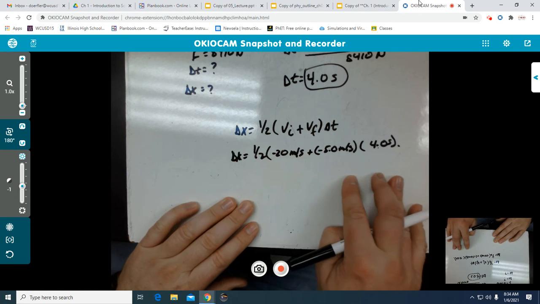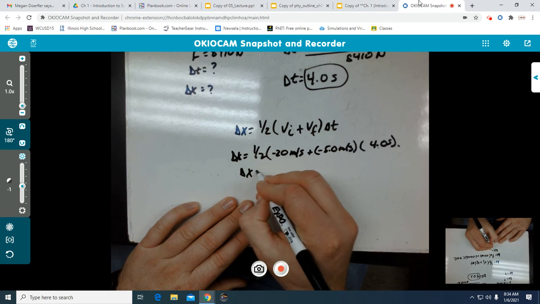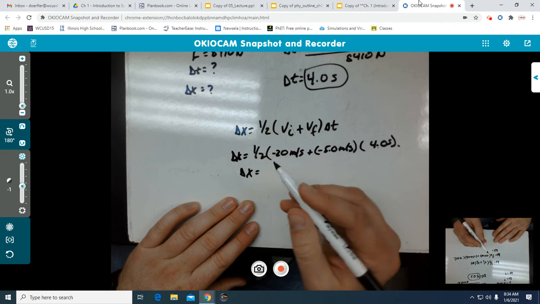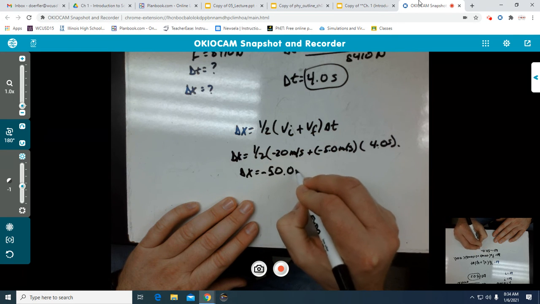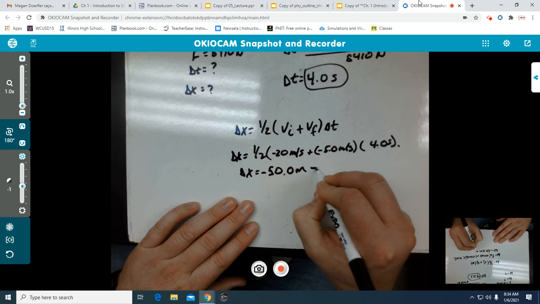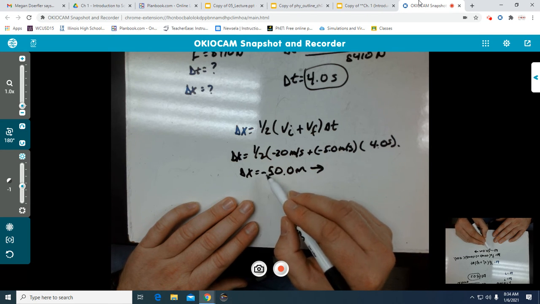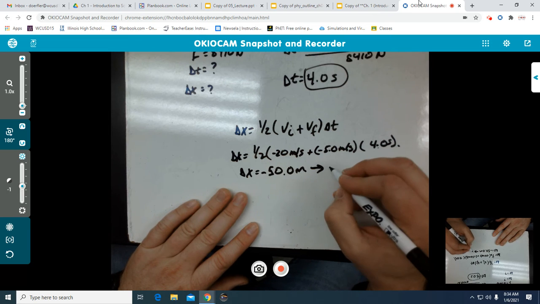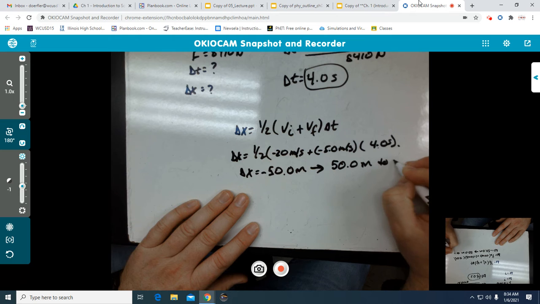Once we've got that set up, we can enter that into our calculator. Again, you can pause the video if you want to, but you should get an answer of negative 50.0 meters, or more precisely, in our final answer we remove that negative sign, and so we have 50.0 meters to the west.